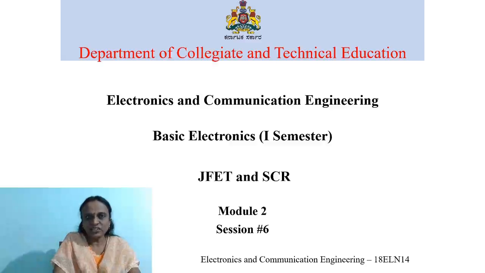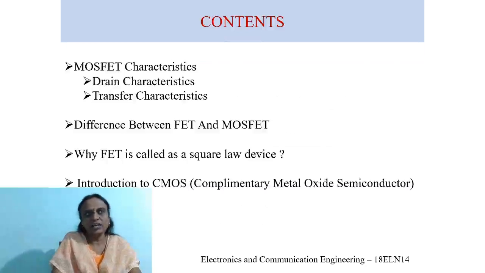In this session, we'll be discussing the characteristics of MOSFET, namely two types: drain characteristics and transfer characteristics. Next, we'll see the difference between a FET and a MOSFET, because we have already learned about FET and are now learning about the MOSFET.